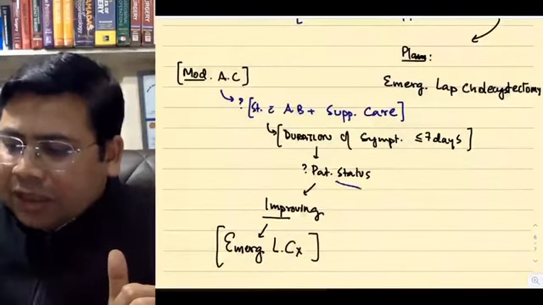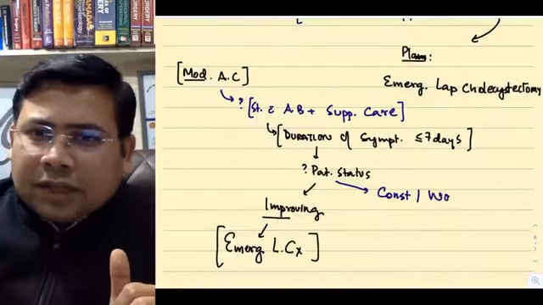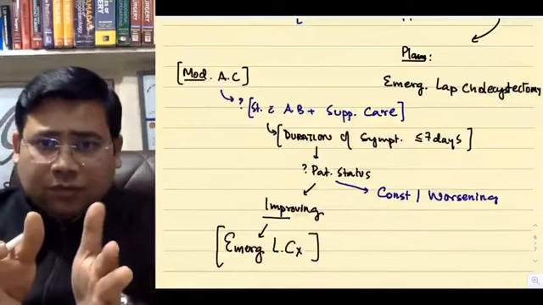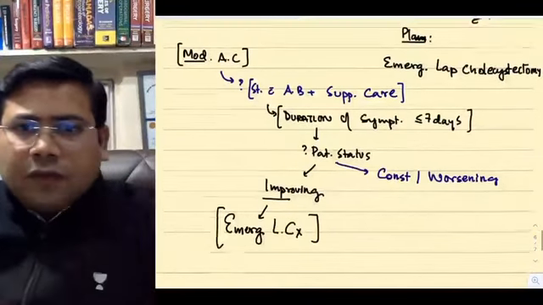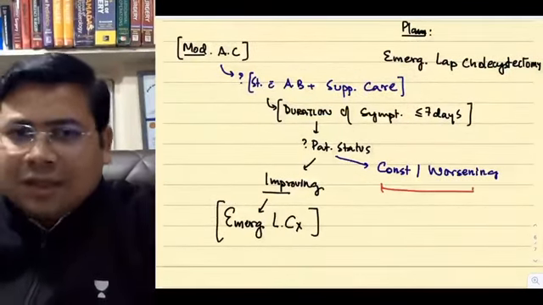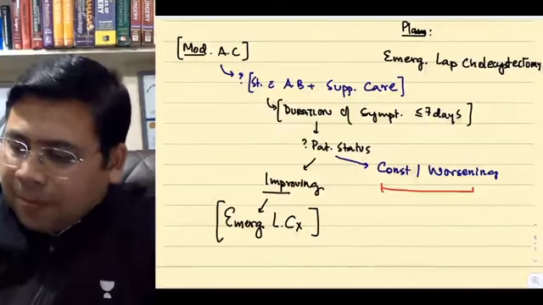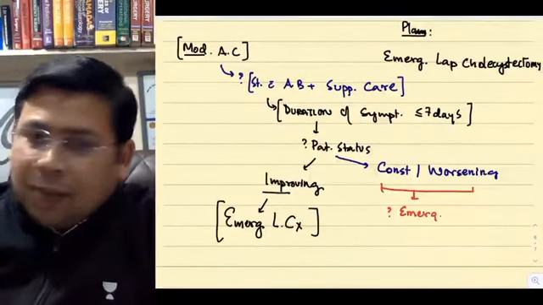If it is constant or worsening, now comes the role of an advanced center versus a normal center. If there is constant status or it is worsening, check whether you can go for emergency lap cholecystectomy.